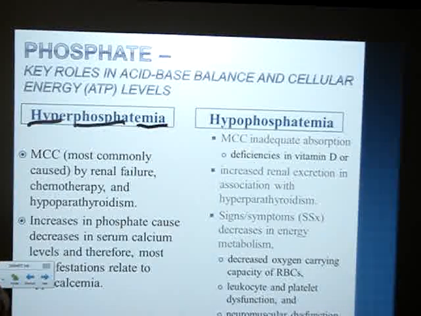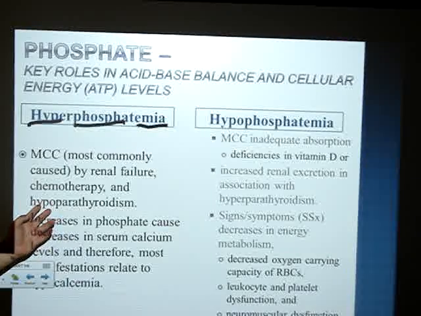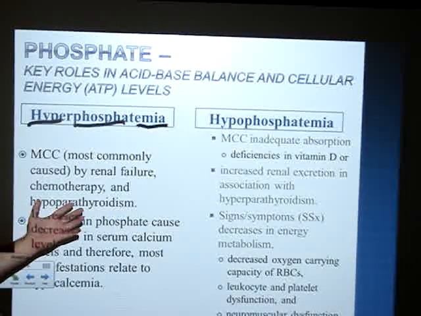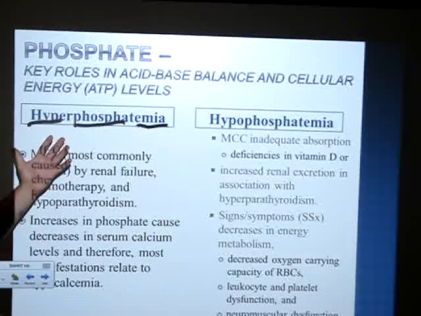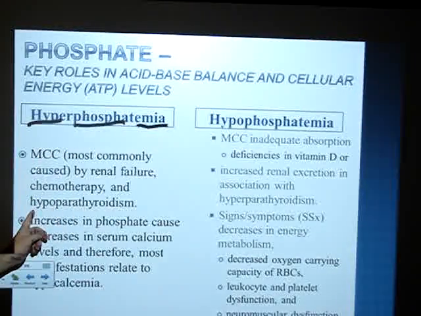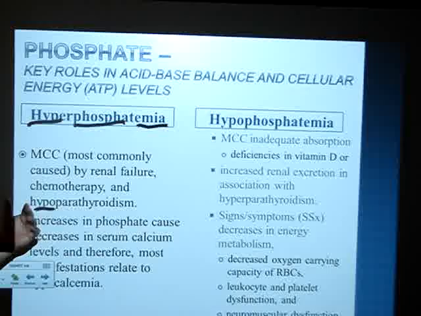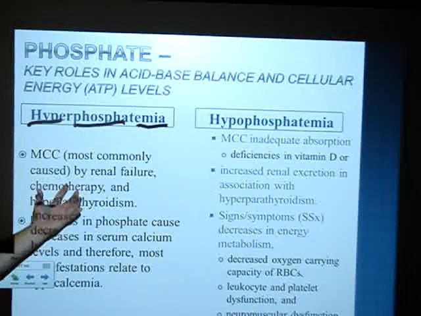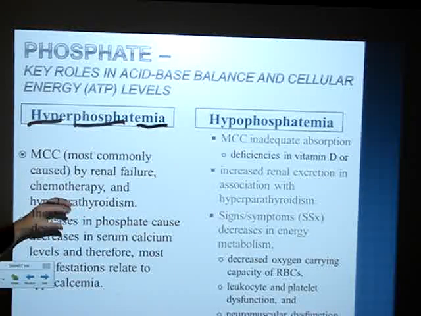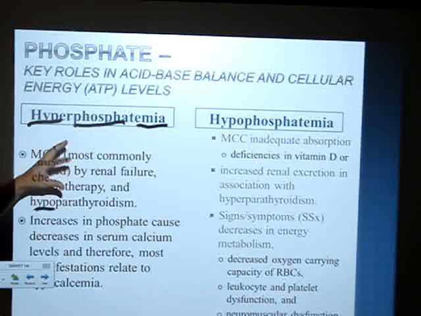Your parathyroids are directly involved with the phosphate. So if your parathyroid is not working correctly, then you're going to get too much phosphate, because they're supposed to keep it down.